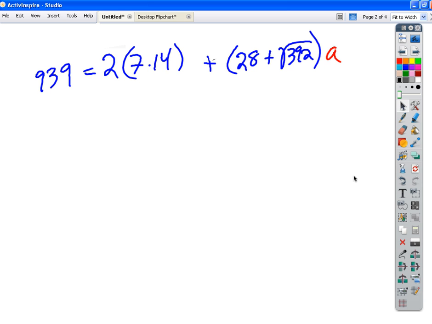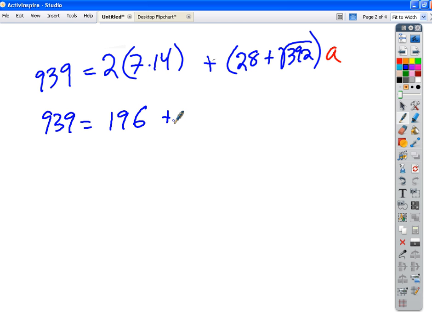What do you think? Simplify. Okay, let's simplify this. By that, I guess you mean maybe we turn that into a number? Yeah. Okay. So we've got 939 equals 2 times 7 times 14. That's just 14 times 14, 196, if we do that math. Plus, now what about over here?